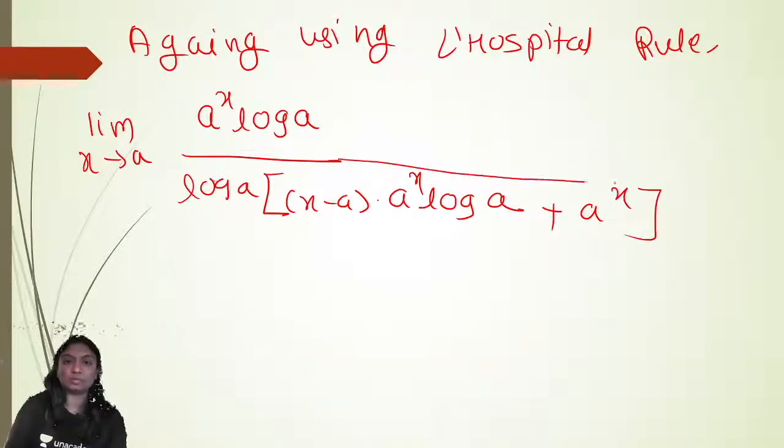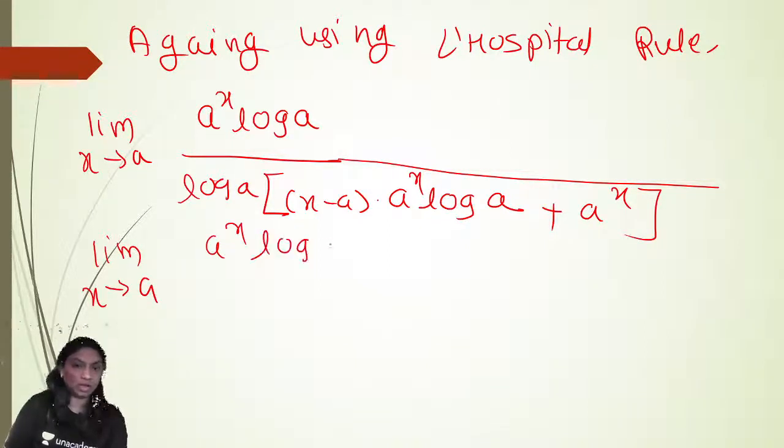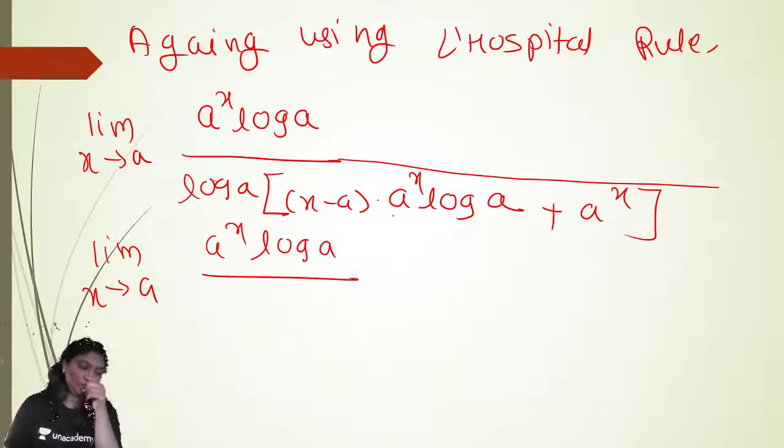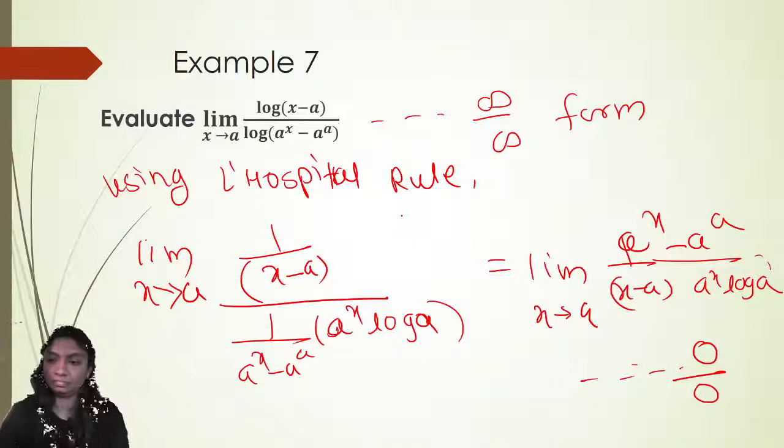So here you will get limit as x tends to a, a raised to x log a upon, now multiply with log a, you will get a raised to x into log a, right?